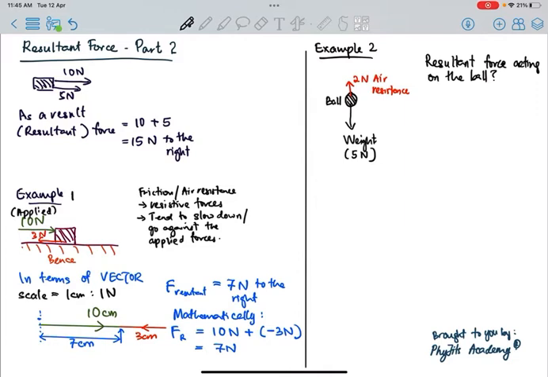So again, in terms of vectors, you need to choose a scale first because it requires you to draw. Let's say 1 centimeter represents 1 Newton again. You can choose any scale that you want, but we are going with an easy choice.